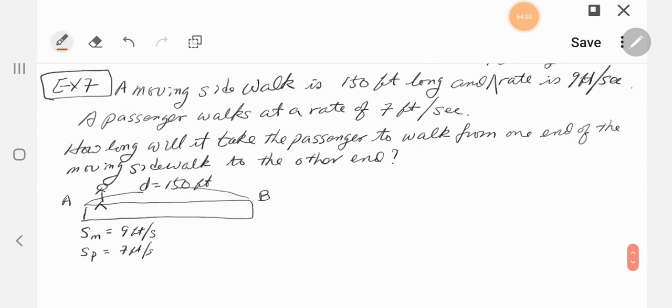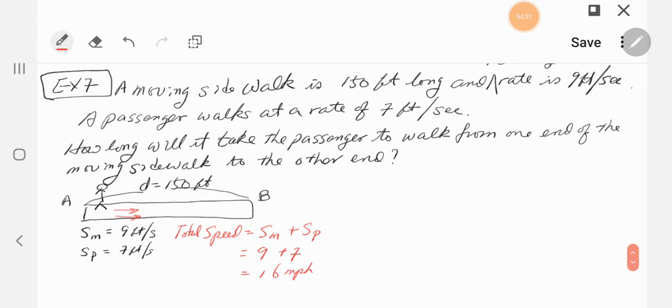The sidewalk is helping him to move faster, right? So the total speed will be the sum of the speed of the sidewalk and the speed of the passenger, isn't it? So the total speed of the passenger will be 9 plus 7, which is 16 feet per second.